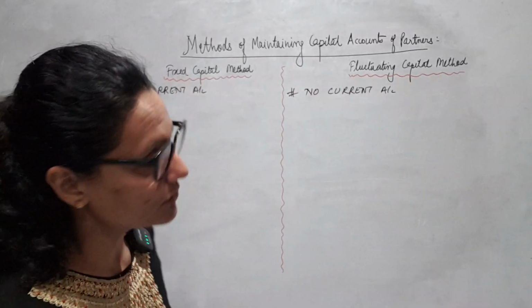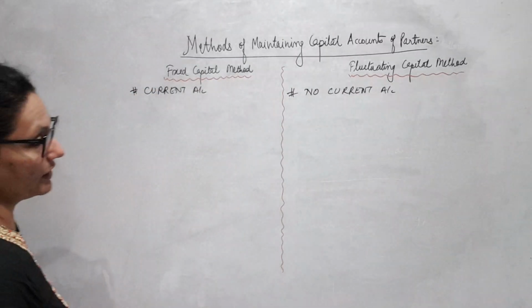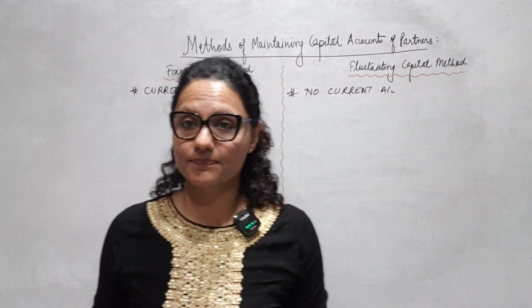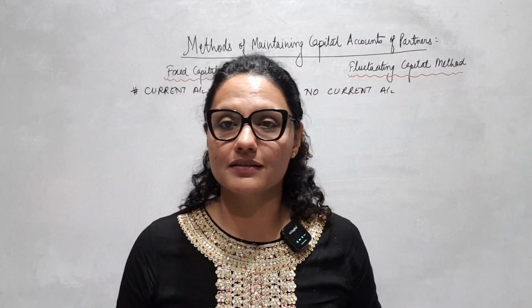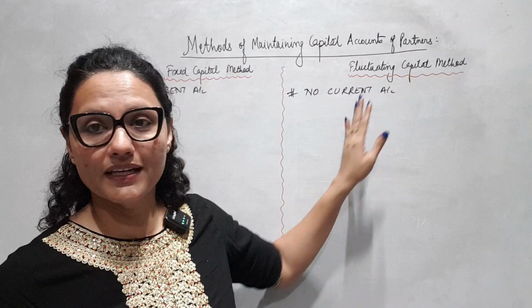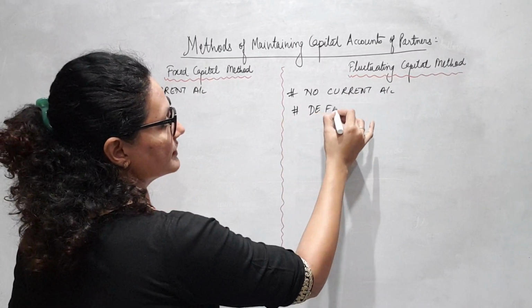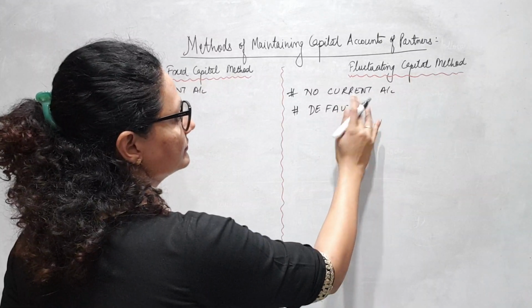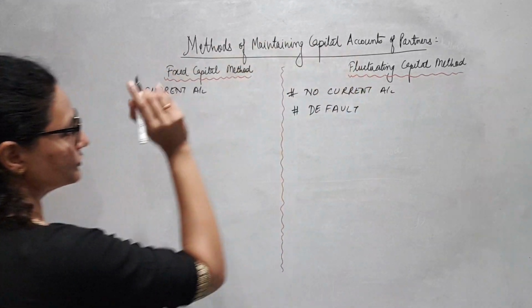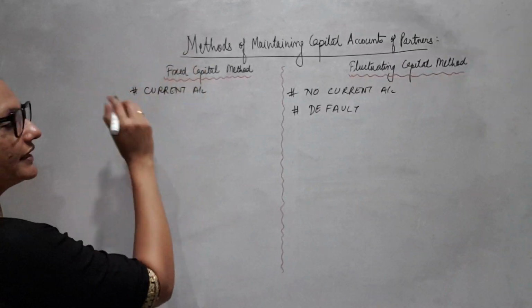Now, how will things change here? If nothing is mentioned in the sum, you assume of course the partners are maintaining fluctuating capital method. This is the kind of default setting here. So by default, fluctuating. And when do you do the fixed?